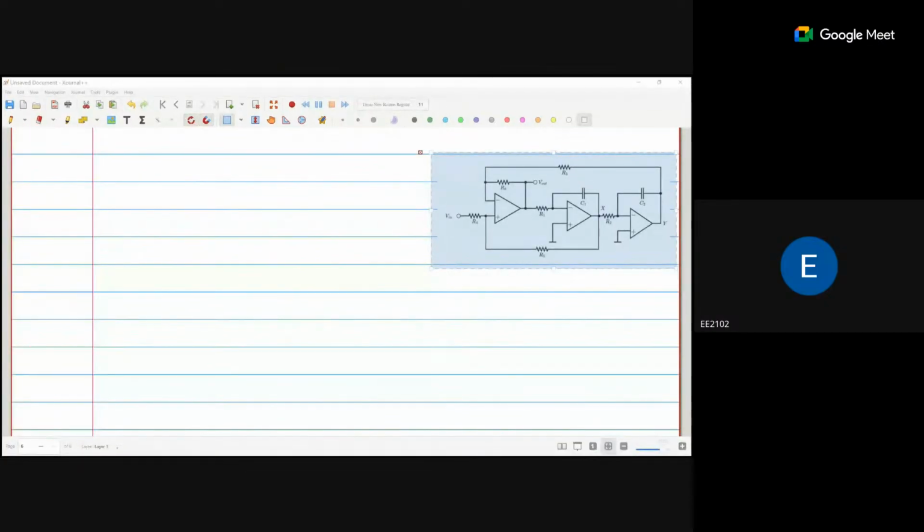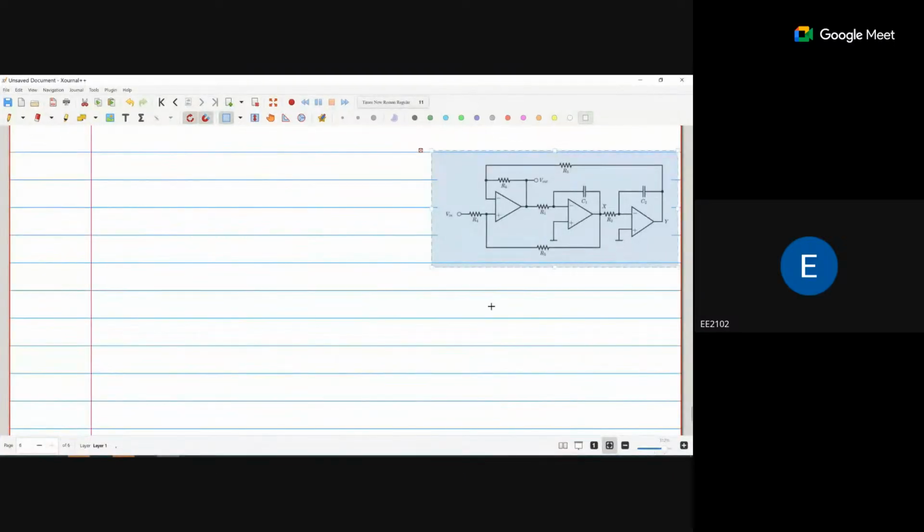The same mechanism, apply the KCL for that one. Just tell me where you are getting some issue. First of all, check this is the negative feedback, and this one is the negative feedback.